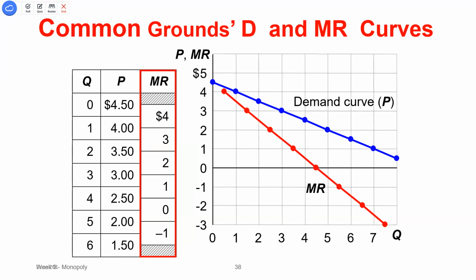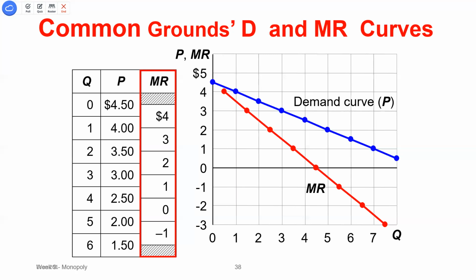So 1. What's the change in my Y values going from 3 to 2? So -1. Notice the slope of my marginal revenue curve is twice as steep as the demand curve. Okay.